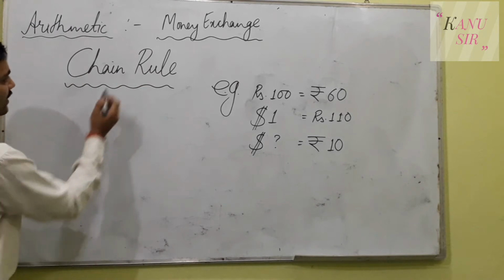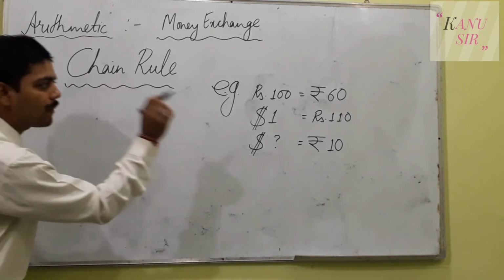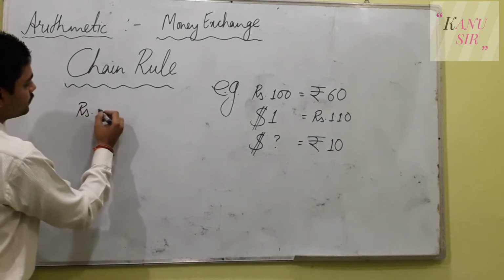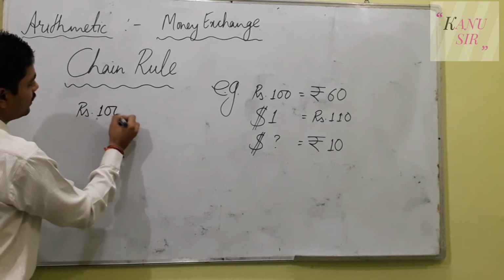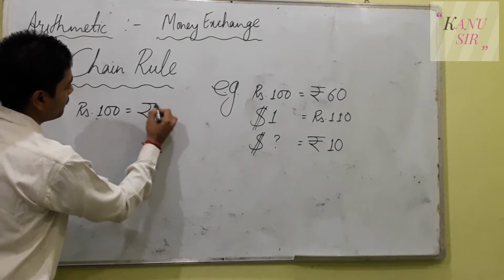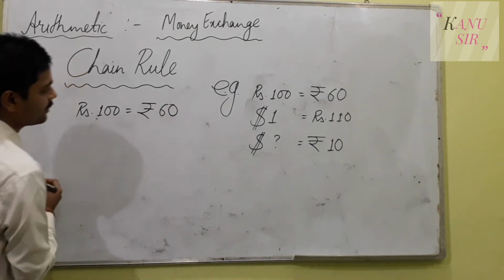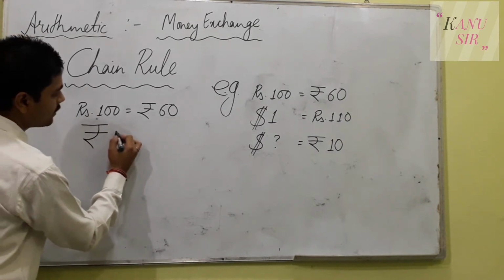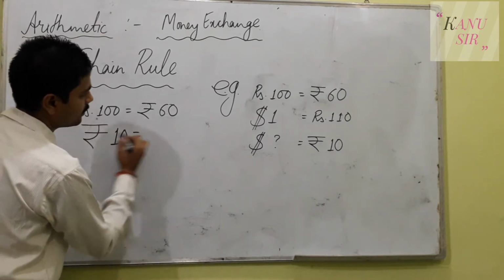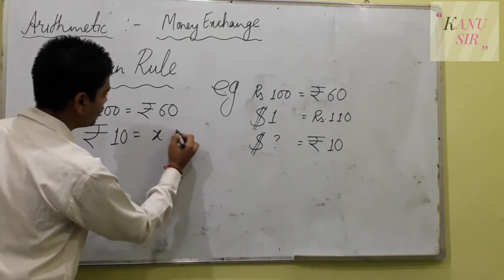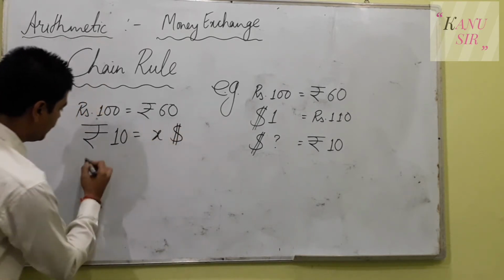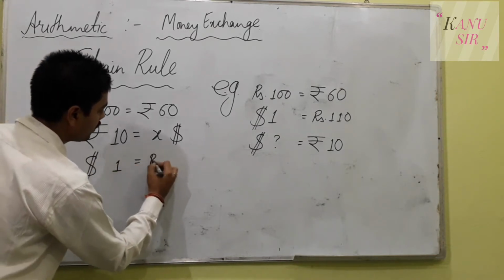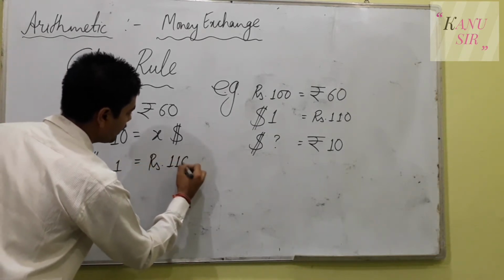So what is the chain rule, and how do we apply it here? First I will write 100 Nepalese rupees is equal to Indian rupees 60, and Indian rupees 10 is equal to x dollars, and $1 is equal to 110 Nepalese rupees.